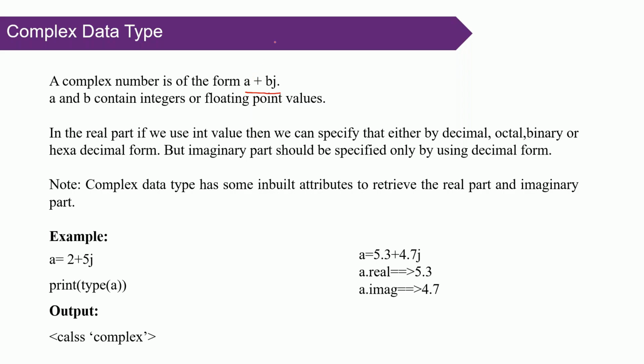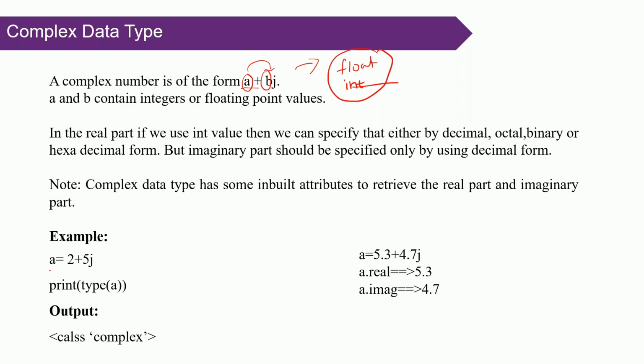Here, remember some important points. A and B are integers, not a problem. A and B are floating values, not a problem. So A and B both are integers, or both are floating, or one is an integer and the other is floating. You can take any combination of integer and floating, not a problem.